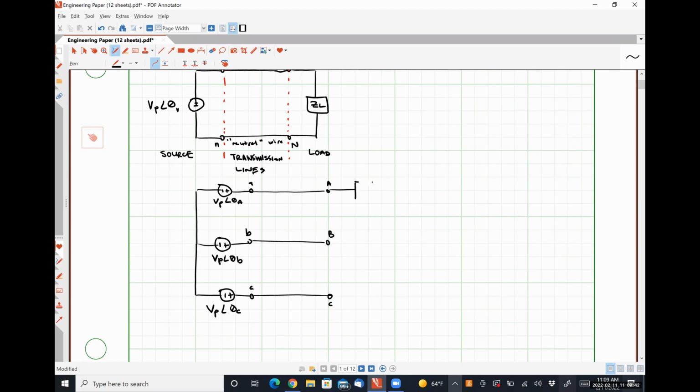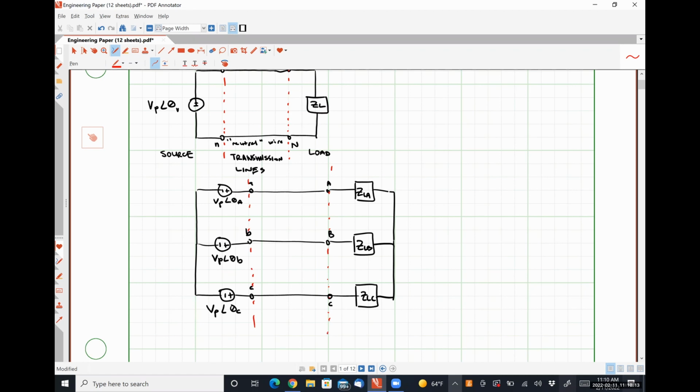And then we're going to have our load. Where again, you can split this guy up into three discrete sections.